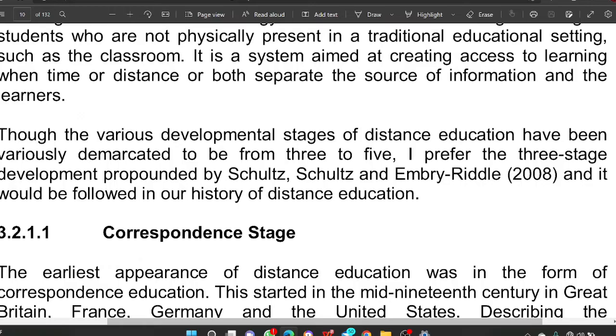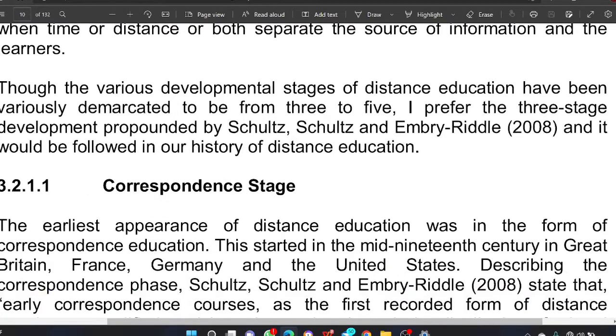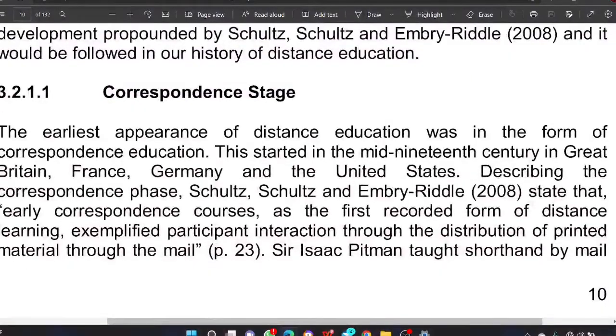Schultz is spelled S-C-H-U-L-T-Z, and Embry-Riddle is spelled Embry, dash, Riddle. This is for the purpose of those who will be listening to the audio file.